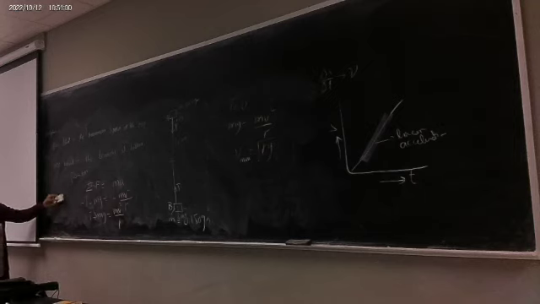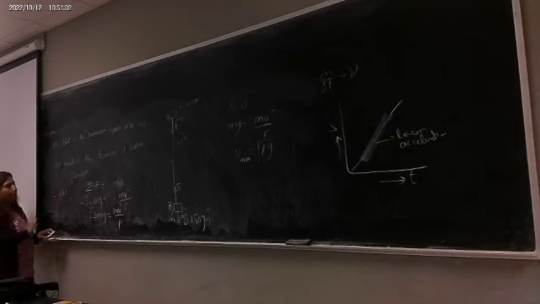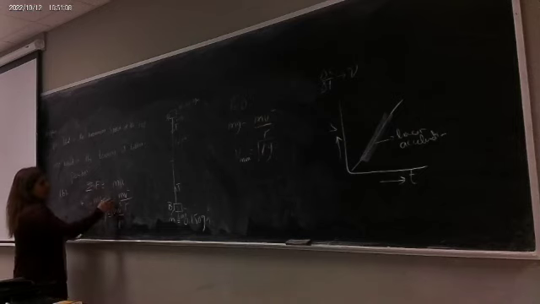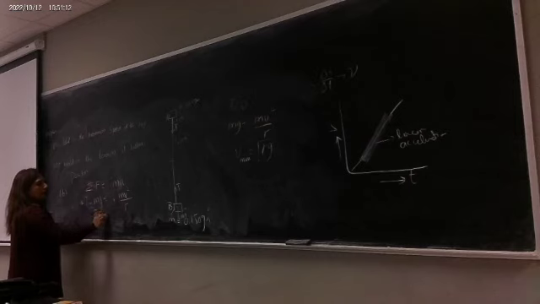For the second part, the same equation: T is positive, mg is negative, this is positive, so tension will be equal to mg plus m v square over r.